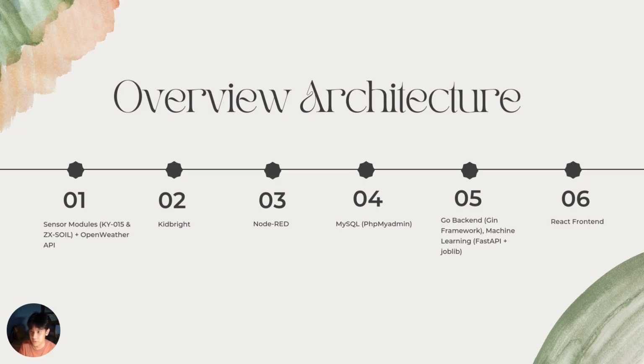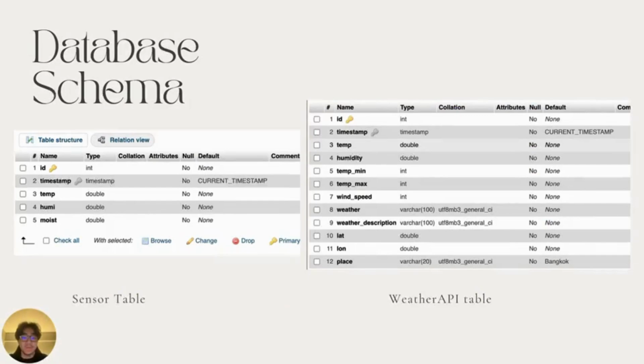Yeah, that's our architecture. This is our database schema. On the left, we have the data from the sensor, which is the sensor table, and it contains ID, timestamp, and also temperature, humidity, and soil moisture.